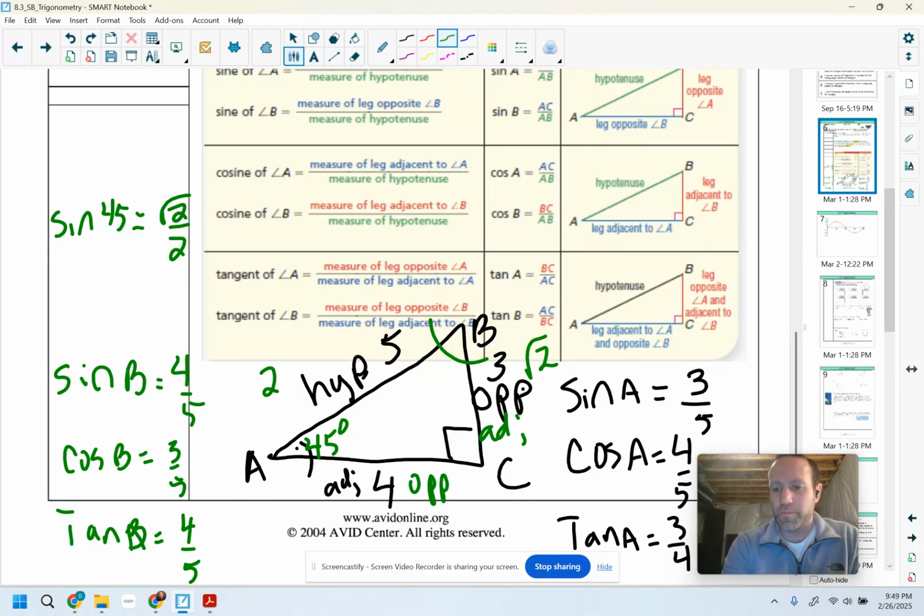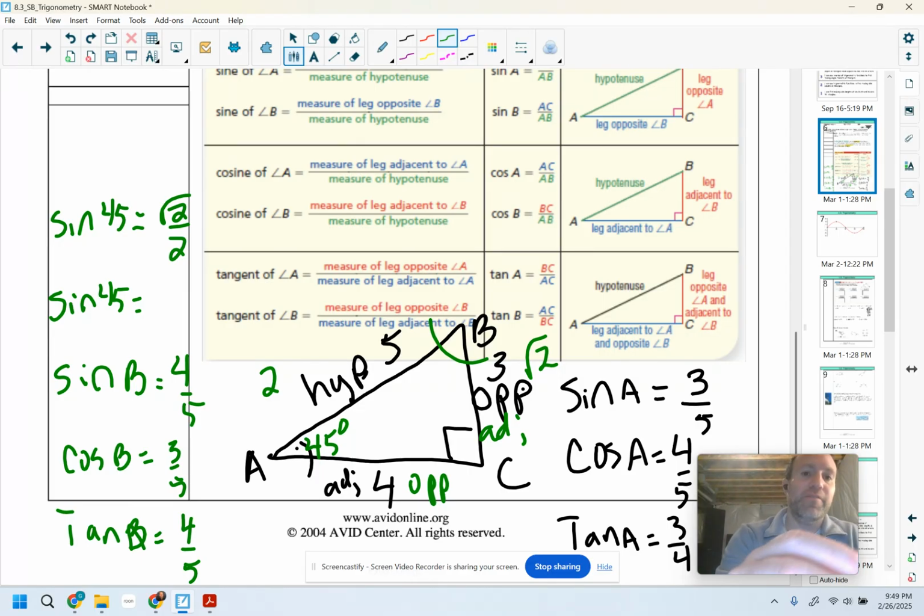So for example, I'm going to make this up: if we know the angle measure is 45 degrees, and I know sine of 45 is equal to square root of 2 over 2, that's what the ratio needs to condense down to.